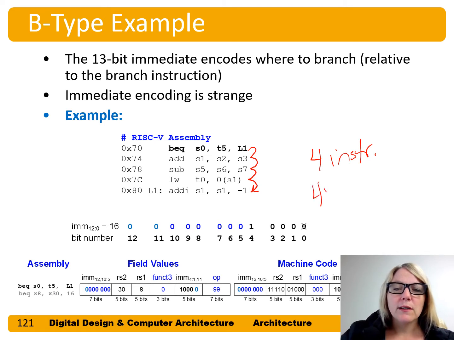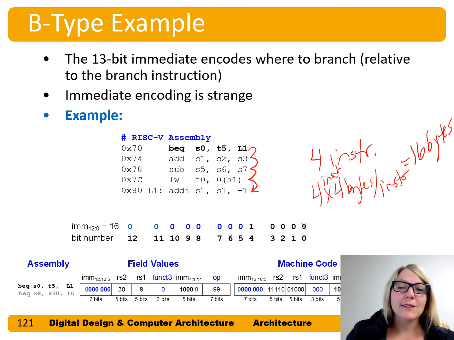That's 4 instructions times 4 bytes per instruction, which equals 16 bytes. We want to branch 16 bytes past the branch equal instruction. And so our 13-bit immediate is going to be the number 16. Here we go, the 13-bit representation of 16: all zeros, and then a 1, 0, 0, 0, 0.